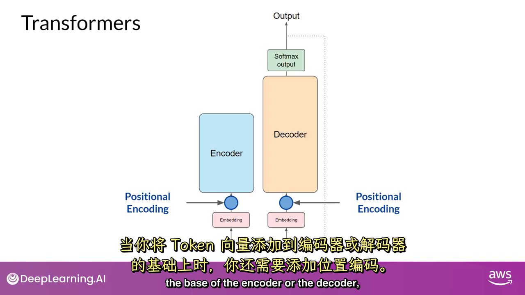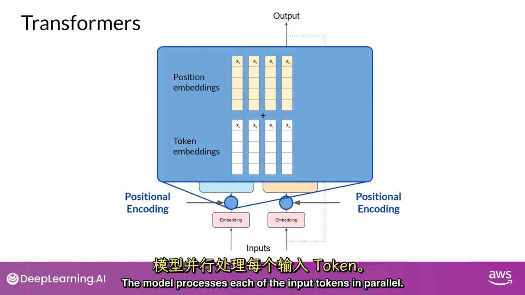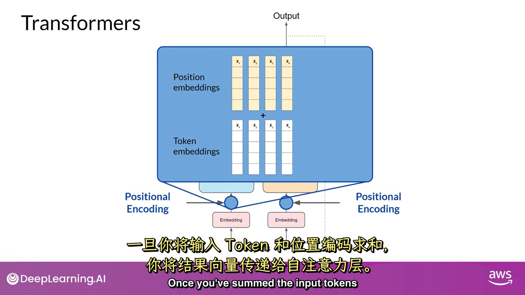As you add the token vectors into the base of the encoder or the decoder, you also add positional encoding. The model processes each of the input tokens in parallel. So by adding the positional encoding, you preserve the information about the word order and don't lose the relevance of the position of the word in the sentence. Once you've summed the input tokens and the positional encodings, you pass the resulting vectors to the self-attention layer.